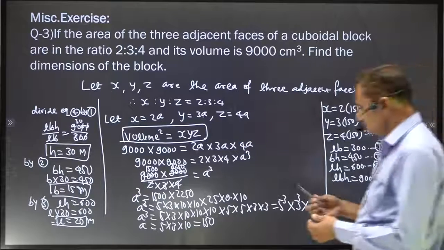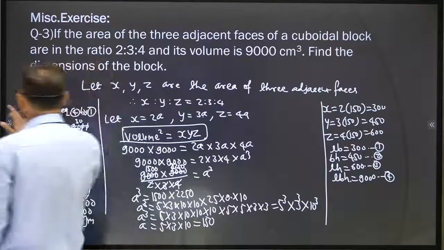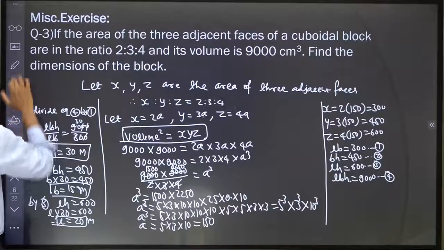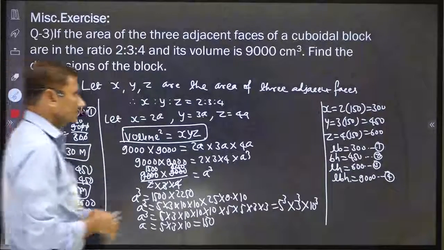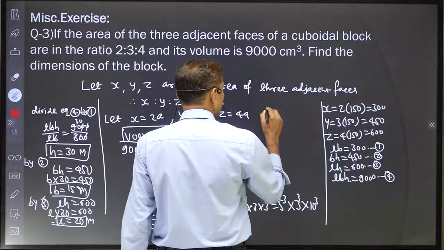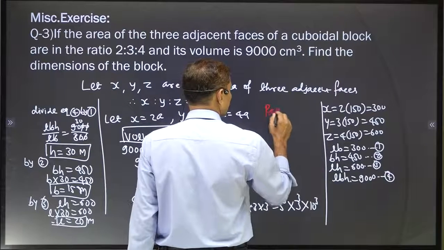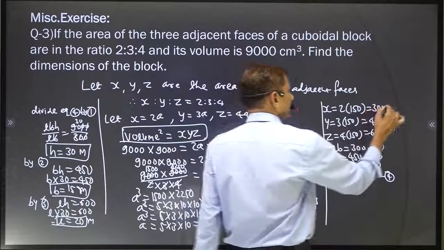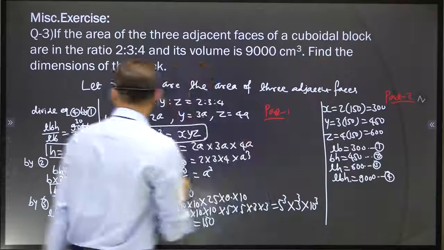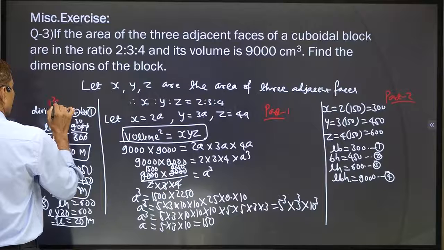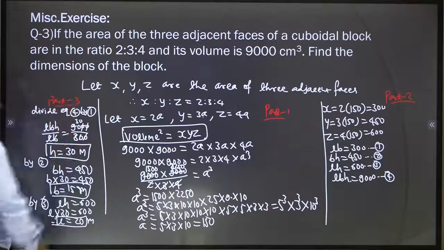Otherwise if you go randomly, it will not work. I am writing this is our part 1, then part 2, and then we come here to part 3. Okay, and now take a screenshot.